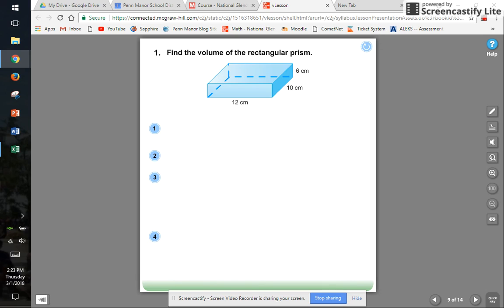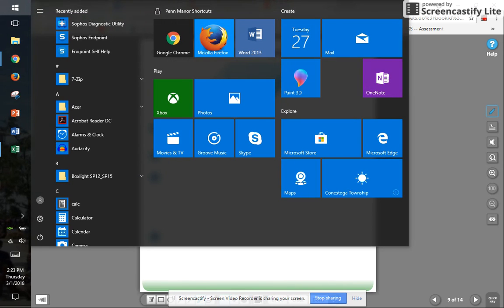Here we have a container, and it's 12 centimeters by 10 centimeters, and it's 6 centimeters high. Here are the numbers that I'm talking about. Now, all I need to do to figure out the volume of this container is some quick multiplication. So let's get our calculator up and running.